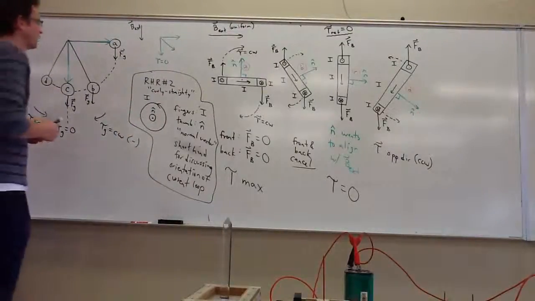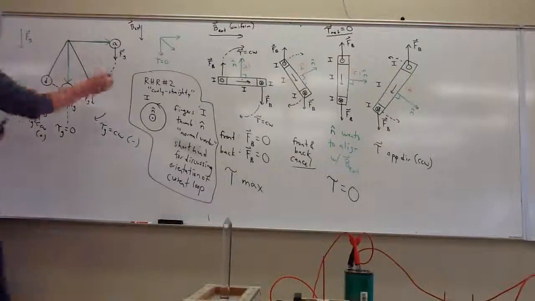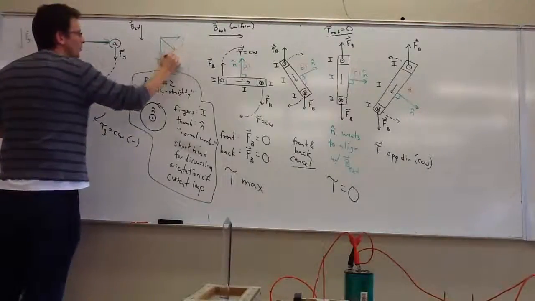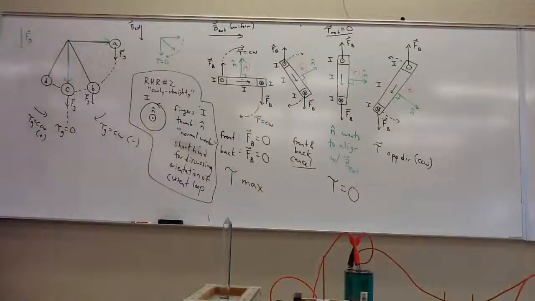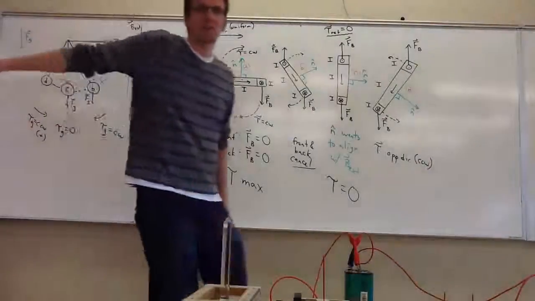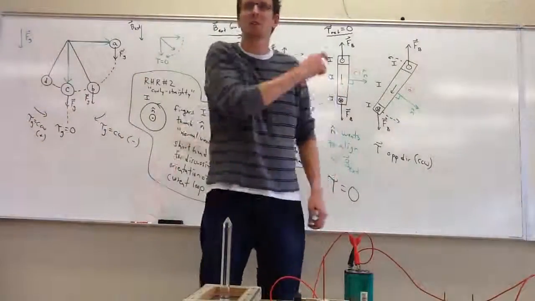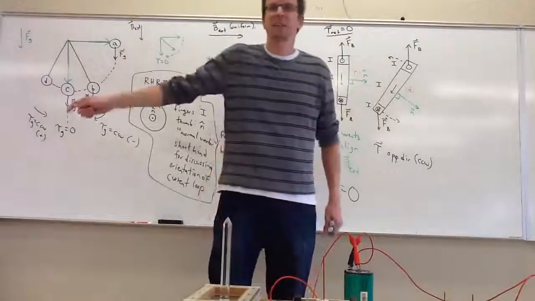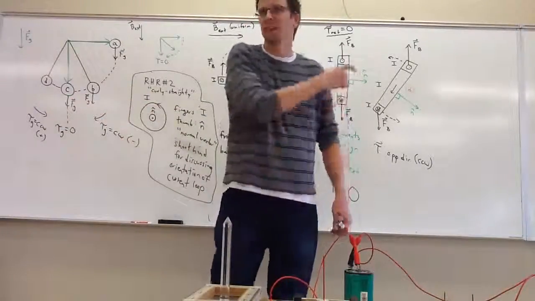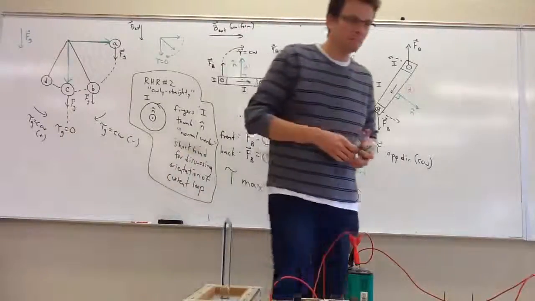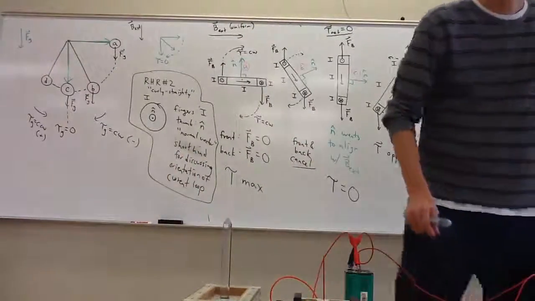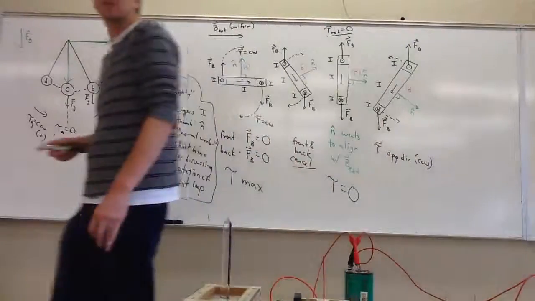If I let it go here, it would want to rotate until it was like this, although it might overshoot, of course, and then come back, right? So just like a pendulum will swing around some equilibrium orientation, a current loop will do that as well. And the equilibrium orientation is when the normal vector lines up with the field, okay? Does that make sense?